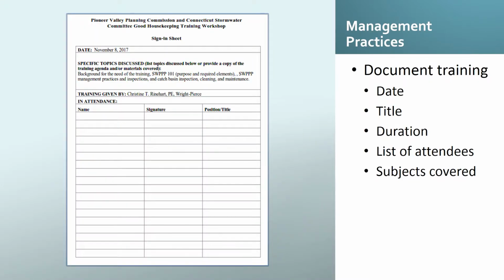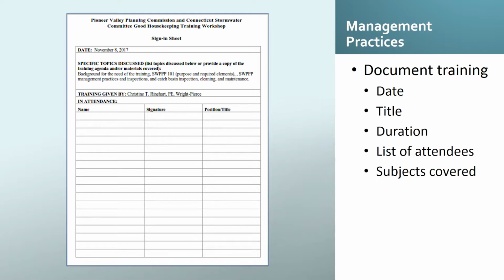Or you could create a training log as part of your SWPPP that includes the title of the training and the date. I would add the duration on here, the time, so the date and time. And here you can just list what type of topics and a little bit of detail on what was covered, and then make sure everyone signs in, but also you list who gave the training.